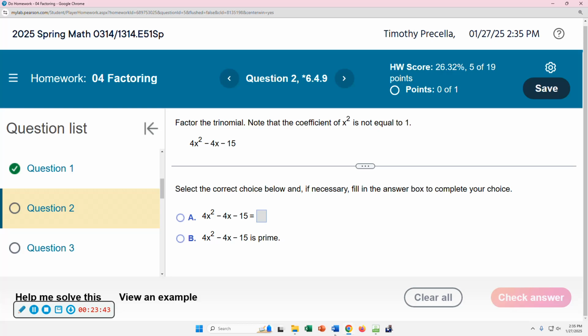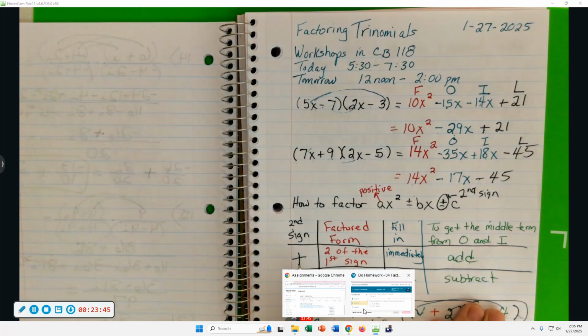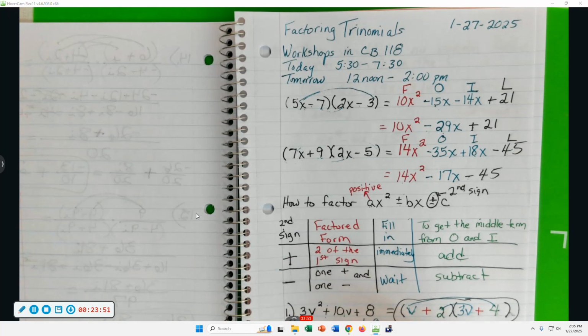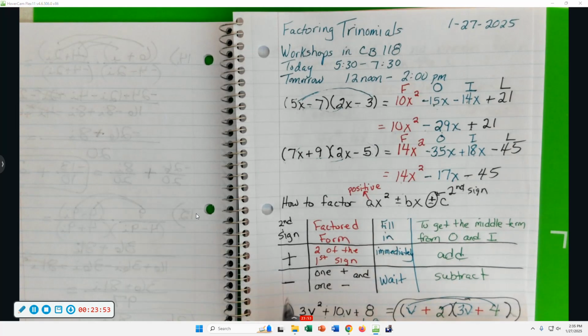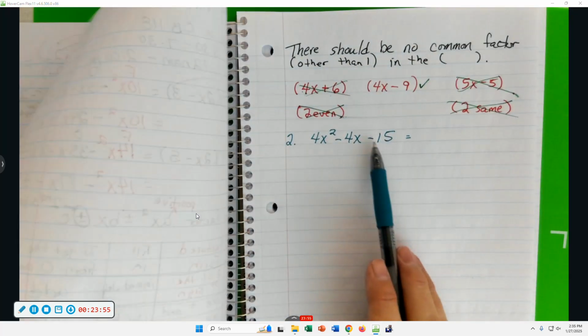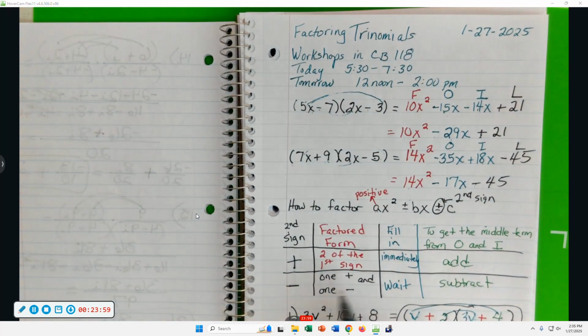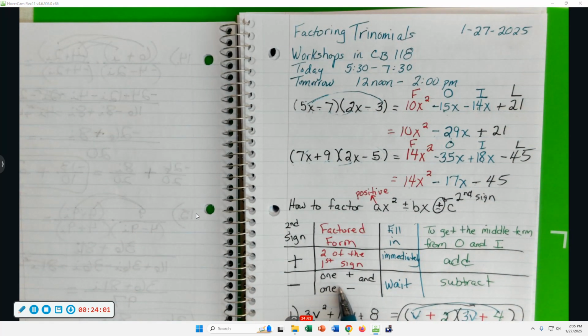I think it's easier if that second sign is plus, because you can fill in the signs immediately. But for this one, the second sign is minus. So that means there's 1 plus and 1 minus, but we don't know where it goes. Did the plus go in the first set or the second set of parentheses? That's why we'll wait to fill them in.